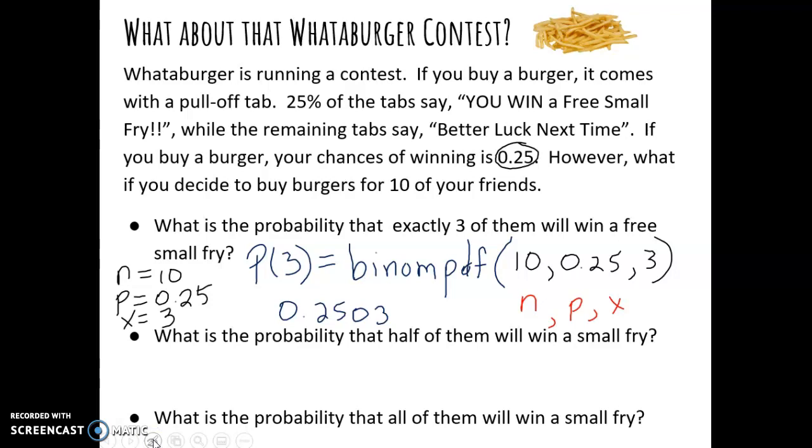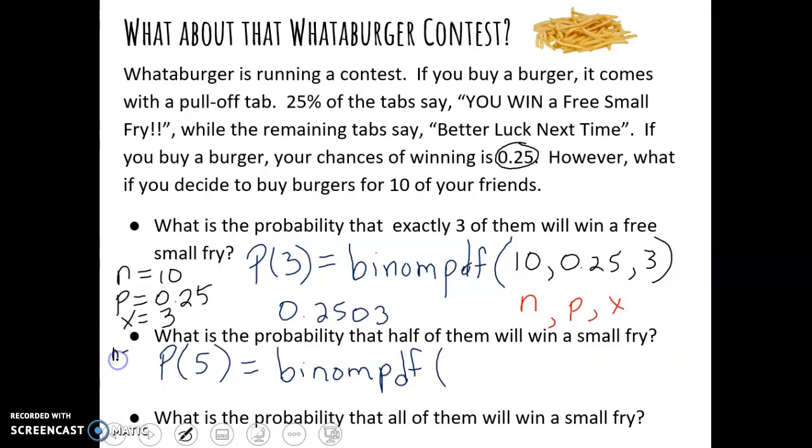Next, what is the probability that half of them will win a small fry? Well, how many is half? Half of 10 would be 5. So we want binomPDF.